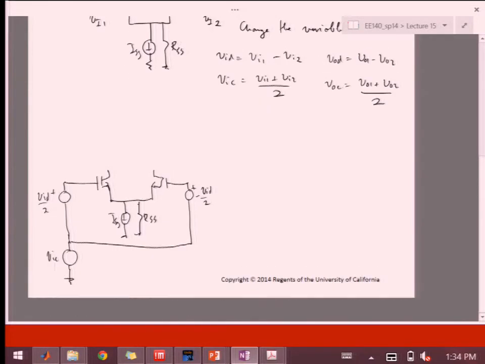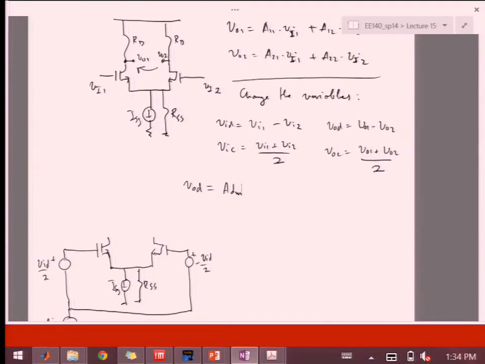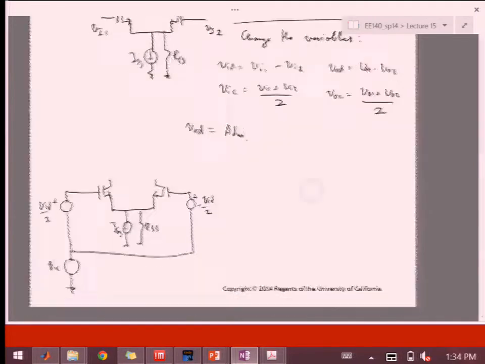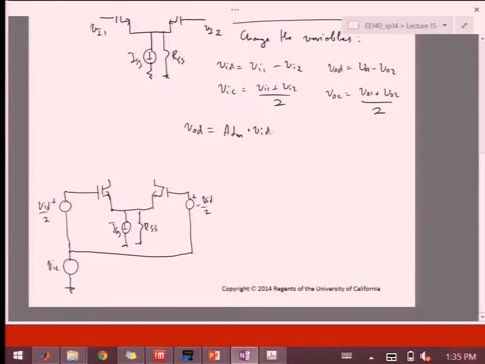So the nice thing now is that I can rewrite the equations, but to say that VOD is now ADM times VID, instead of this A11, A12, plus I'll have a term that is ACM to DM.